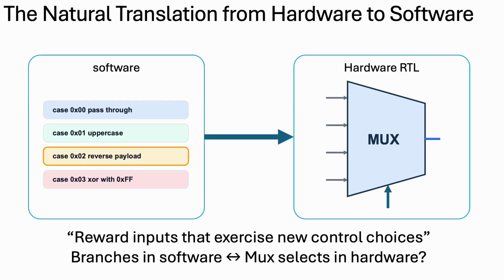So then, because we have these analogous structures, it seems very natural to just try to translate the approach from software directly to hardware. By that I mean, just like in software where you reward exploration of various cases, you can reward the fuzzer in terms of its coverage by exercising new control choices over the various multiplexers in the design.